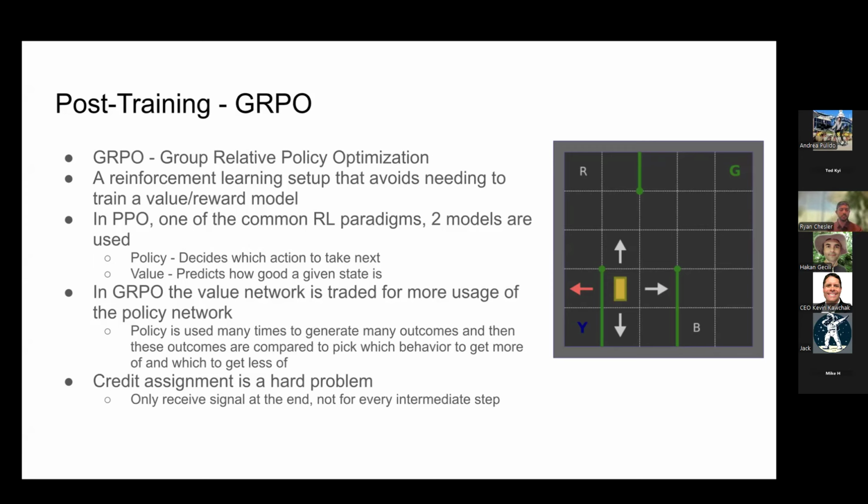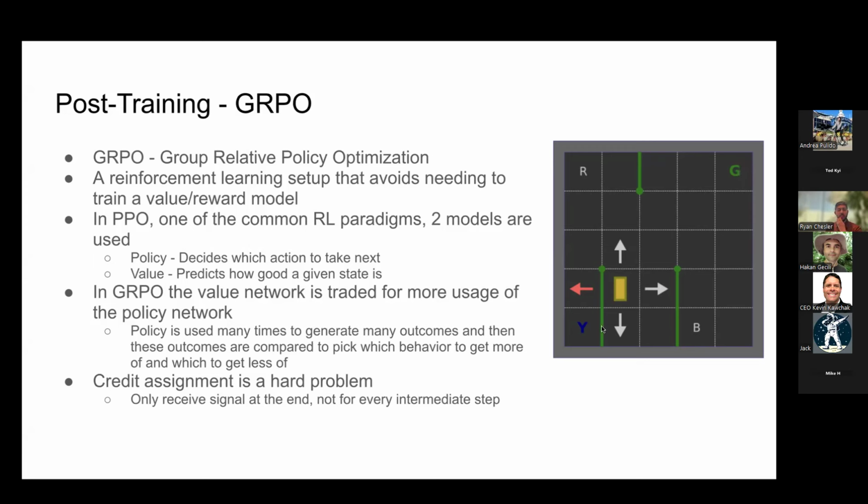So one of the common ways of solving these kinds of problems is with PPO, and I won't go into the full details of that, but in that scenario, you typically have a policy, which is a model that is deciding which actions to take next, and you have another model that is typically the same architecture, but is trying to figure out how good the different states are. So if you're in one of these corner states, it really wants you to go right, for example.